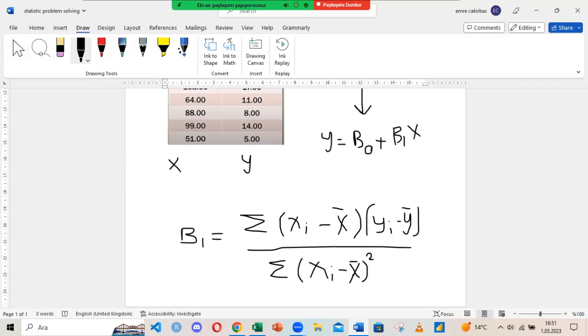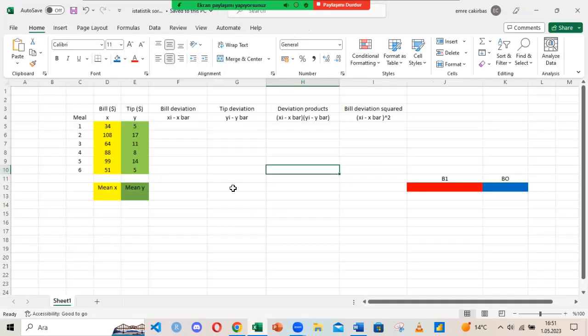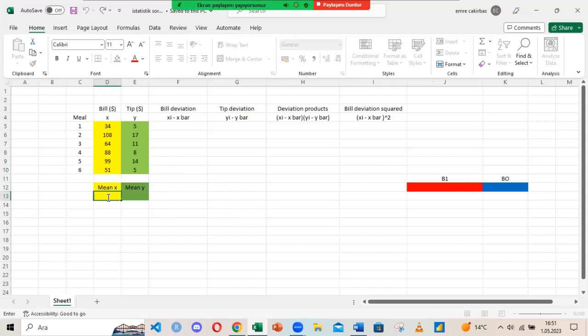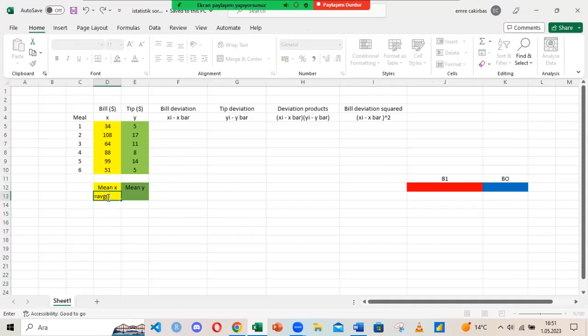Let's calculate. I transferred the given data here into Excel. For calculating the mean, you can take an average of all the x values over the number of items, meal 1, meal 2, meal 3.